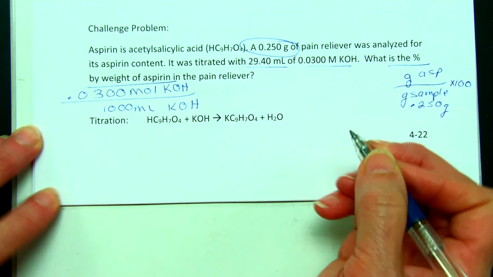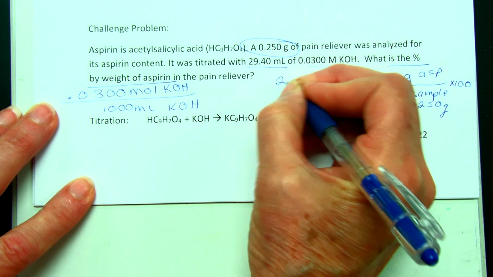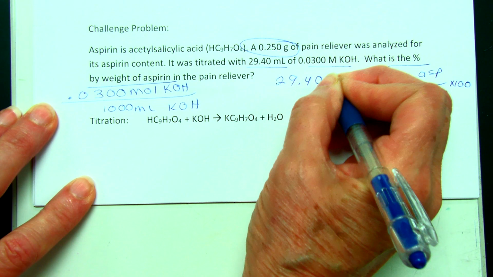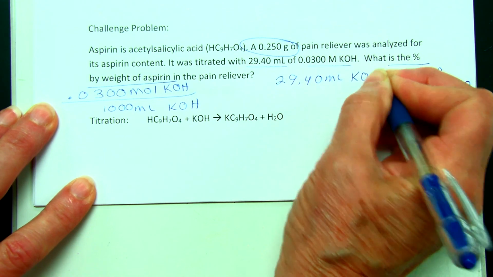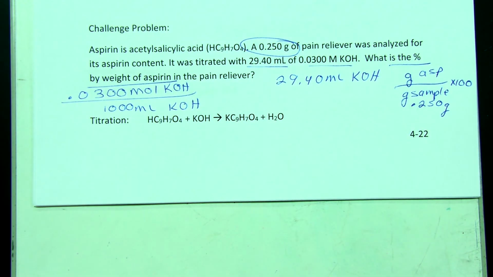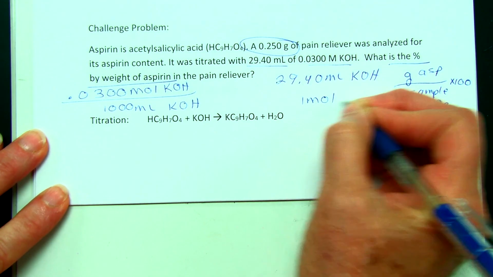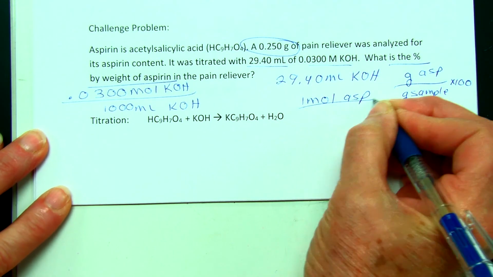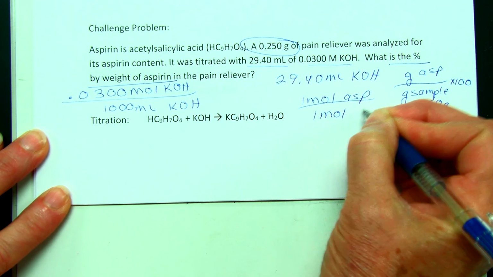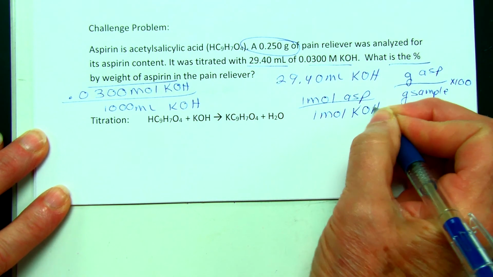And then write down the information, 29.40 mL of KOH. Then we look at the mole-to-mole ratio from our balanced equation: 1 mole of aspirin, I'm not going to write out acetylsalicylic acid, for 1 mole of potassium hydroxide.